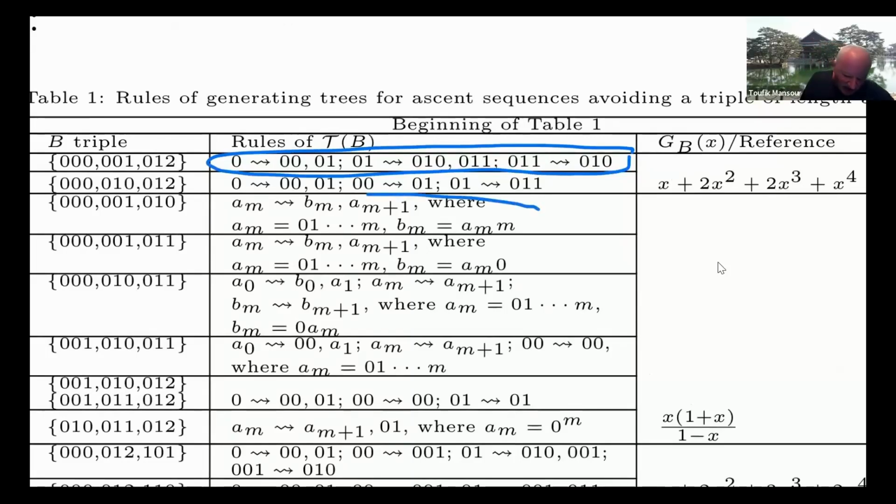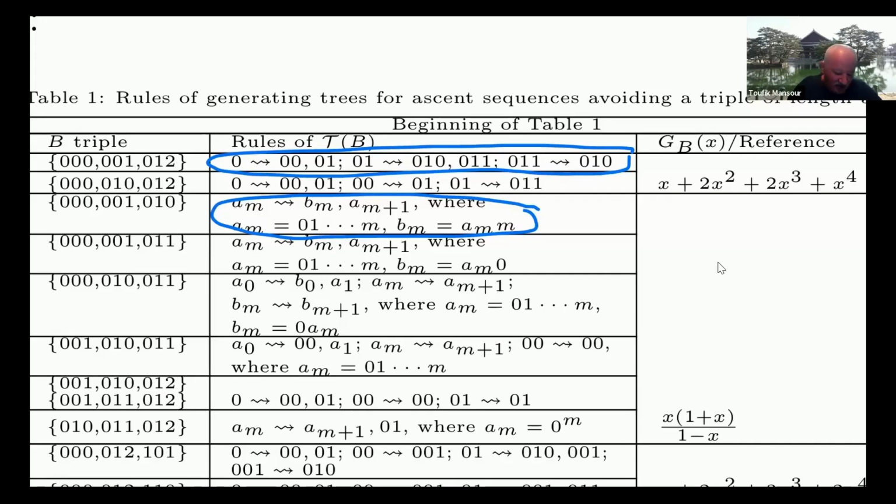But in the case here, because the generating tree contains an infinite number of labels, I guessed the rules and then I proved the rules.